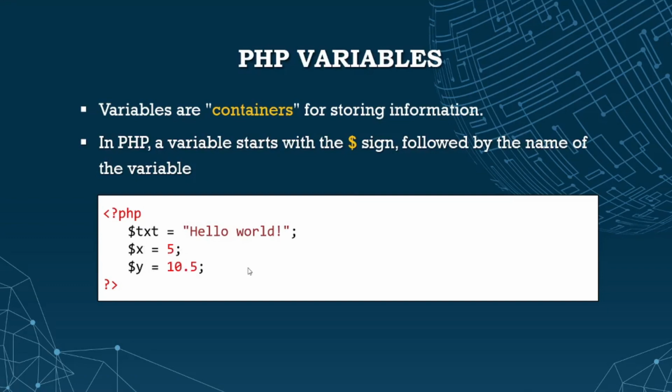Basically, sa PHP, comparing to other programming languages, there's no keyword for declaring variable. If we're going to compare it to C, we need to declare a character, data type, or an integer to specify kung ano yung value na ina-accept niya.